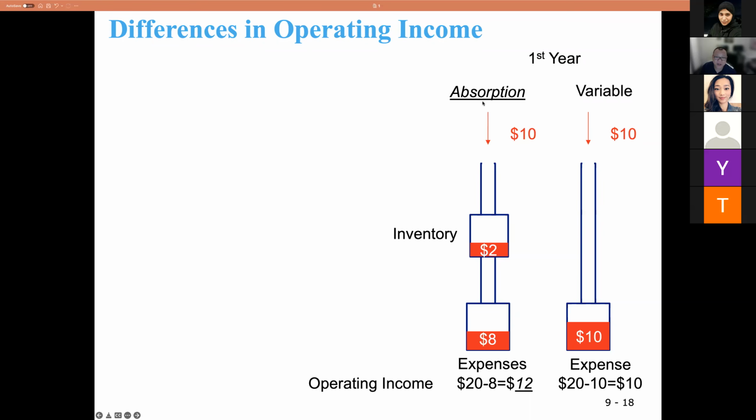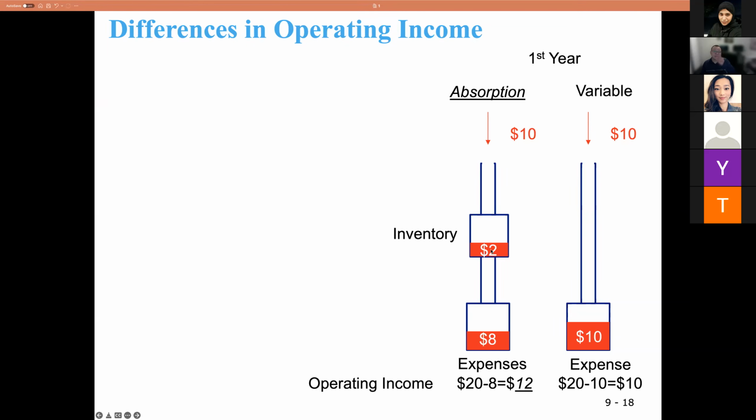Under absorption costing, this $10 fixed manufacturing overhead cost will be split: a portion of that will stay in the inventory, and a portion will go to the expenses.